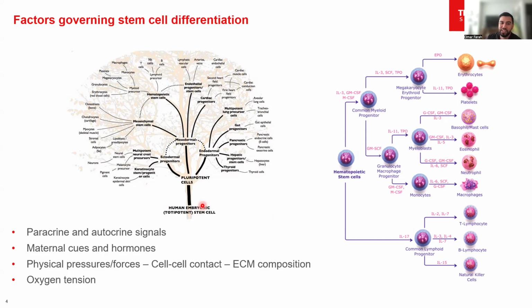Well, this process is governed by a bunch of different factors, some of which I've outlined here, right? The paracrine and autocrine signals from within the cell or the surrounding cells, the signaling that happens there, of secreted molecules will help determine how these pluripotent stem cells decide whether to go and become mesoderm, endoderm, or ectoderm.